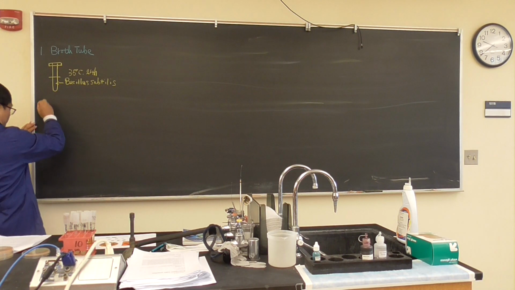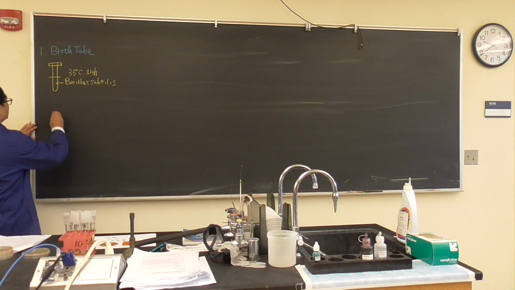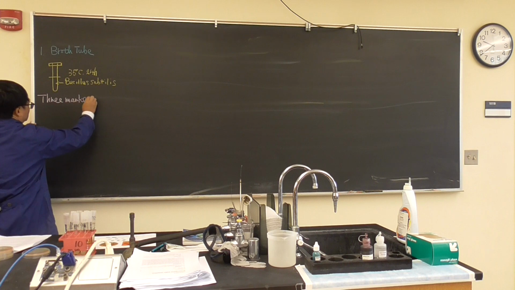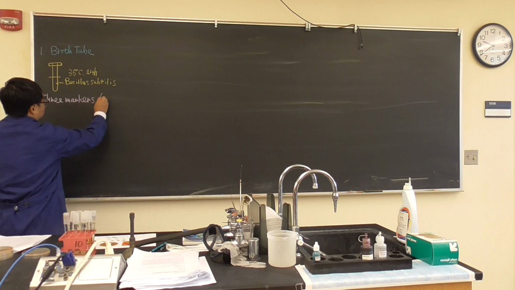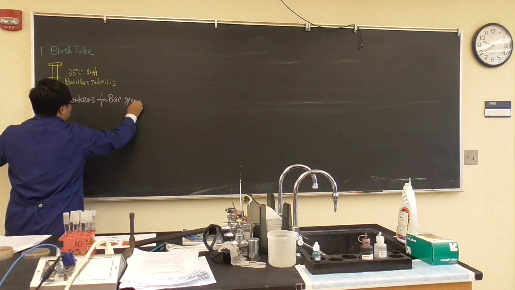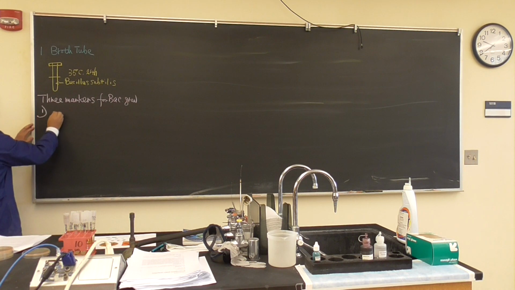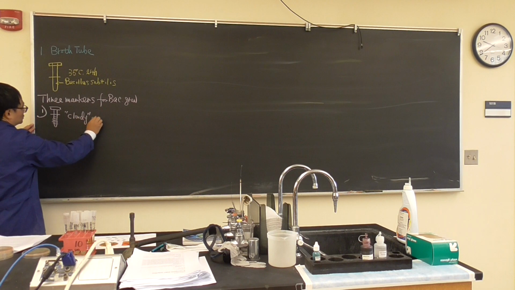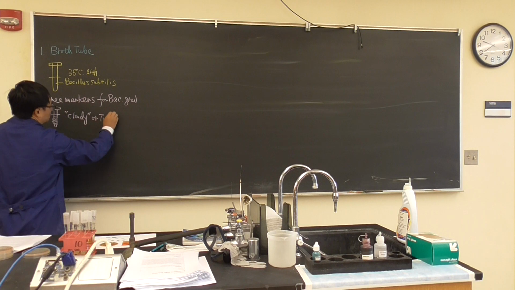Actually, there are 3 markers. You can see 2 here, so we want to mention the 3 markers for bacterial growth. Number 1 is you will see the whole tube become, we say, cloudy or turbid.